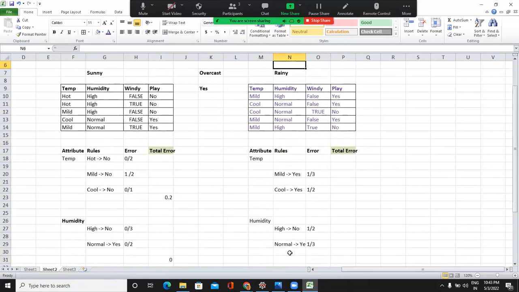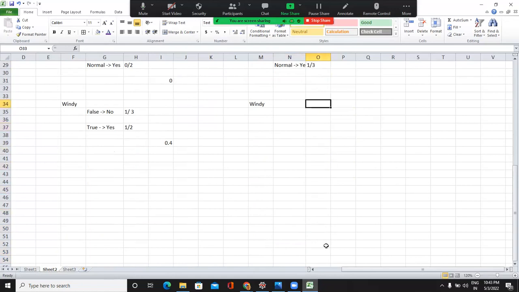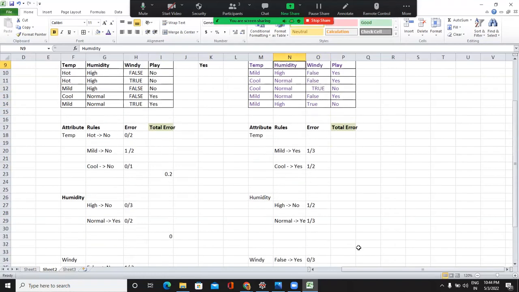is how many? There are 3 false and 2 trues. So let us take false first. If we put the rule false equal to yes, we are committing an error 0 times because all the false are yes.